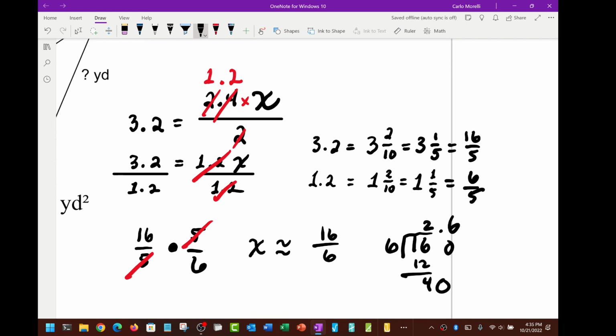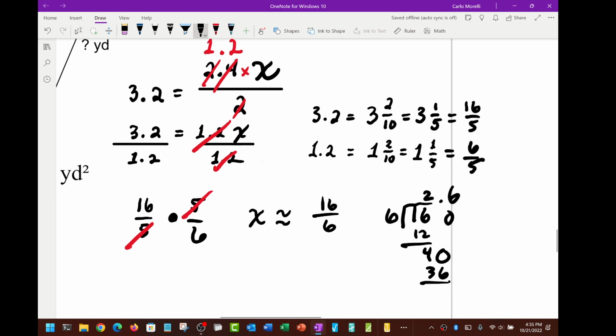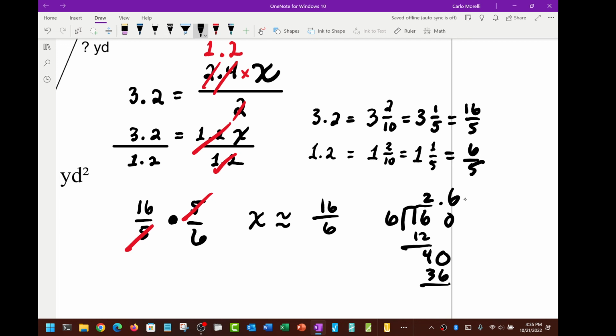And so then it would be 6. And then that would give me 36. And it's going to go on forever. It's going to repeat, so it's 2 2/3. So you have x is literally equal, not squiggly equal, but equal to 2 2/3.